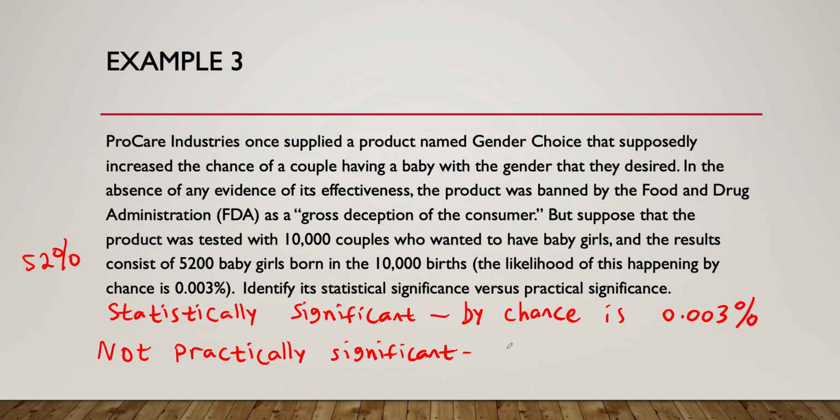And what that means then is that 52% is very close to 50%. And let's face it, not too many couples, if any, are going to see that as really something to even look into, since it's so close together.